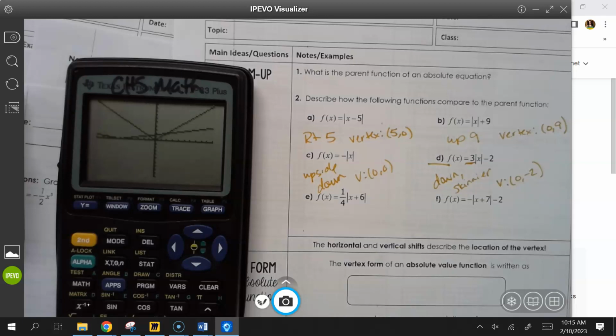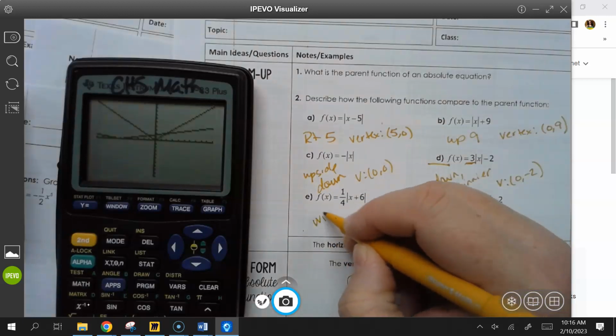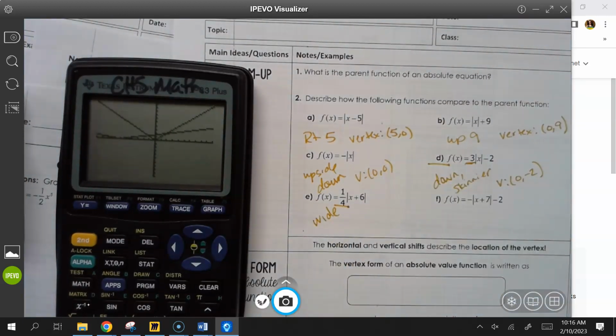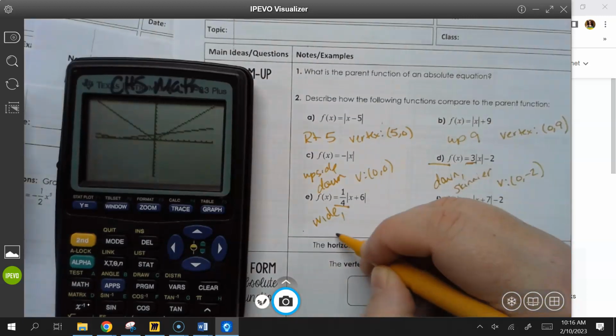This one's kind of crazy. It's really wide, so I went wide. Again, look at that. Same thing happened when I had a parabola, didn't it? What else? Not just it got wide, but it got wide and then it did what? Slid over, right? Which way did it slide? To the left, so it went left.